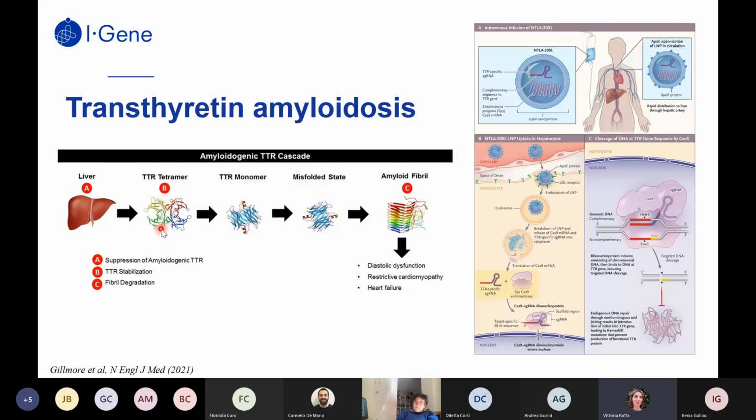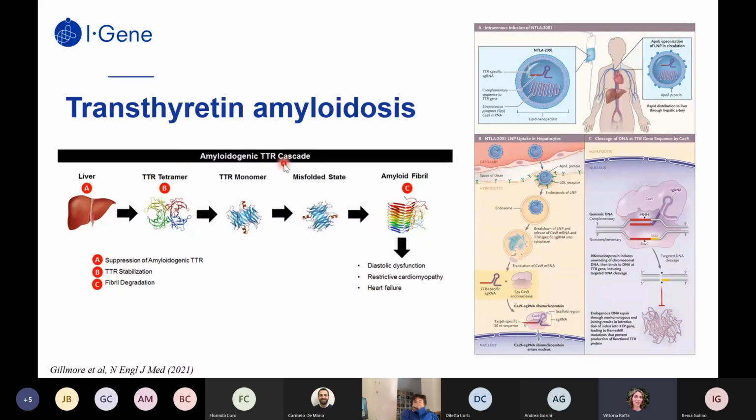So the protein is not able to tetramerize, but it, let's say, precipitates in the form of amyloid fibrils. And these fibrils can precipitate in the liver, but also in other tissues, especially in the heart. So it's very toxic for the cardiac muscle. And because of that, the life expectancy for these poor patients is just 5 years.